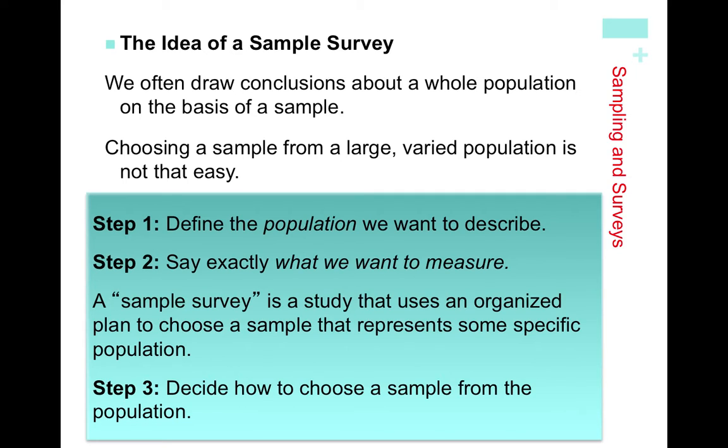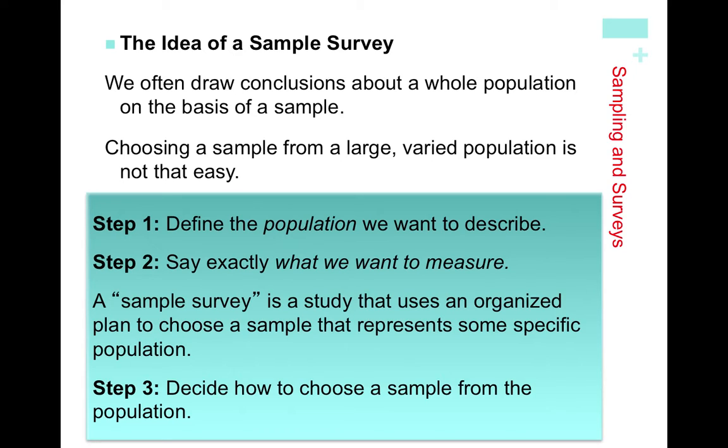So here are some steps that you take in planning your sample survey. The first thing you should always do is define the population. It's important to understand who you are sampling from. The next thing you're going to do is say exactly what you want to measure. In other words, that's like defining your variables.